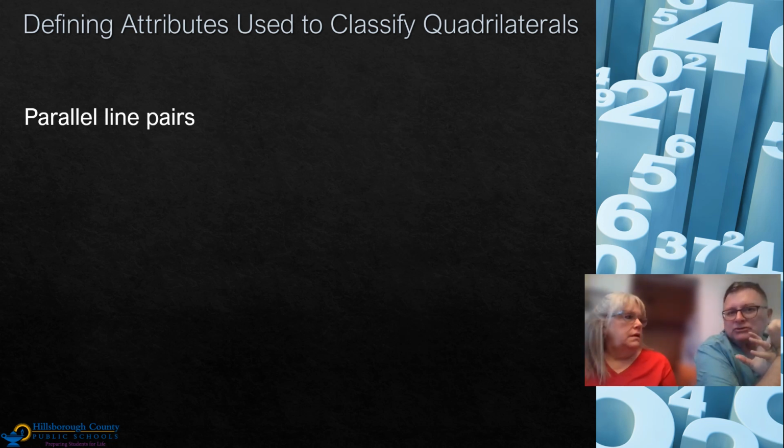So it's really 3 main attributes. You're also carrying over from 2nd, 3rd, and 4th grade the number of sides and the number of vertices. When we're focusing on quadrilaterals, we're only focusing on polygons that have 4 sides and 4 vertices. So one of the things that you're going to sort by are parallel line pairs.